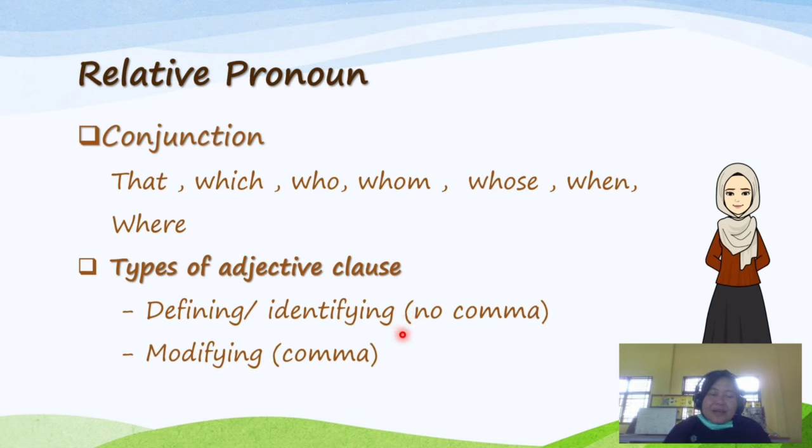Defining or identifying means that the adjective clause is very important in our sentence because it gives information or explanation about the noun. But for modifying, this is just extra information. If we don't use that adjective clause in that sentence, the sentence still has a meaning.